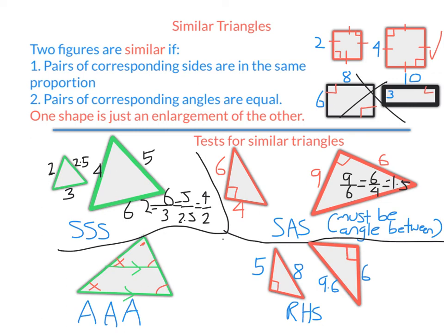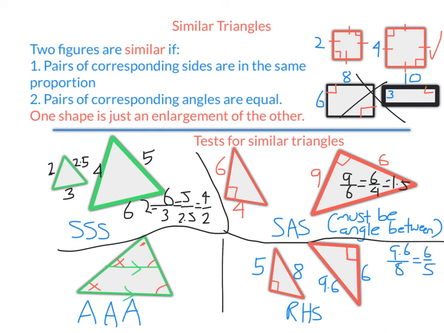So let's look at the last test, RHS. You can only use this in right-angled triangles. That doesn't mean that if you have two right-angled triangles like we did up here, then it must be RHS. You can only use this one if it's right-angled triangles though. So here we have 9.6 over 8 is equal to 1.2. 6 over 5 is equal to 1.2.